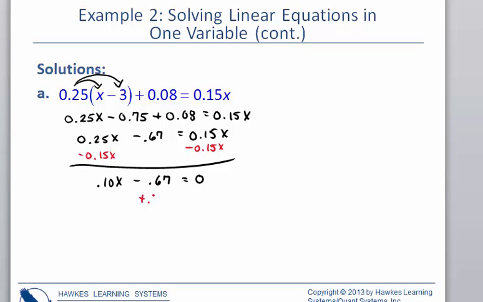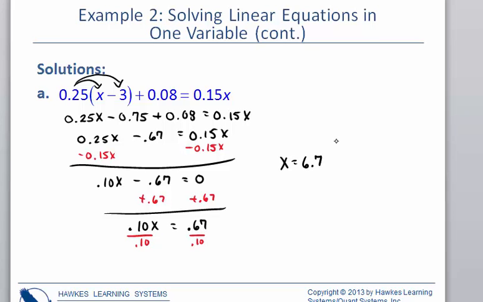I will then add the 0.67 to both sides. So that's going to give me 0.10x is equal to 0.67. And then I will divide both sides by 0.10, which gives me as a final answer x is equal to 6.7.